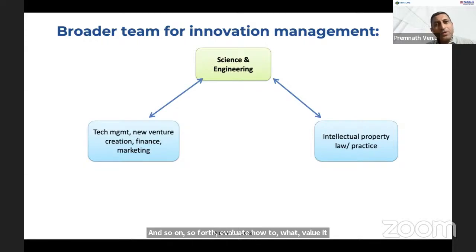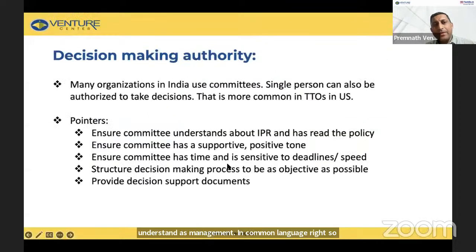These are a little bit closer to what you understand as management in common language, right? So this is something the team needs to have.